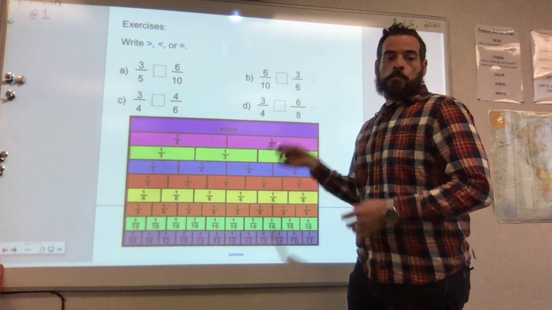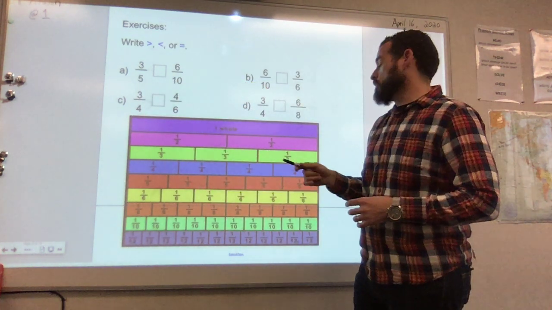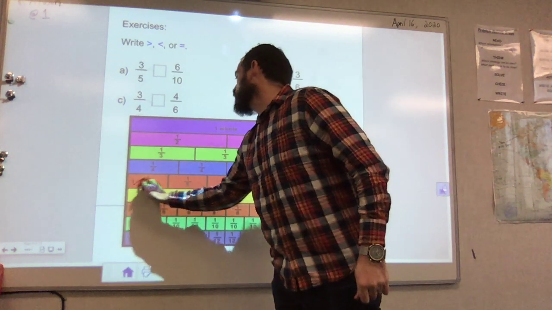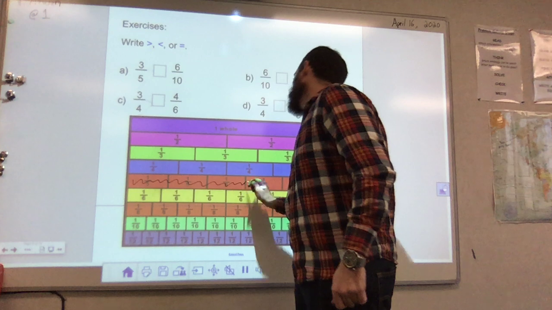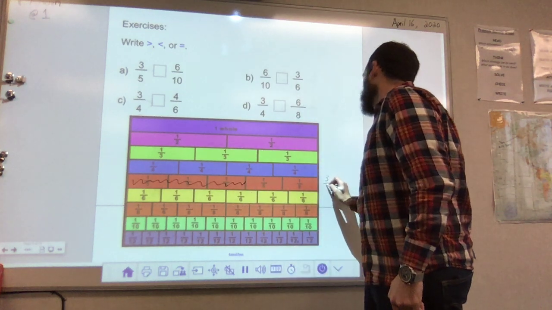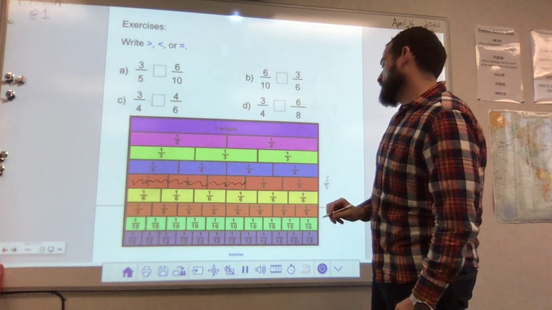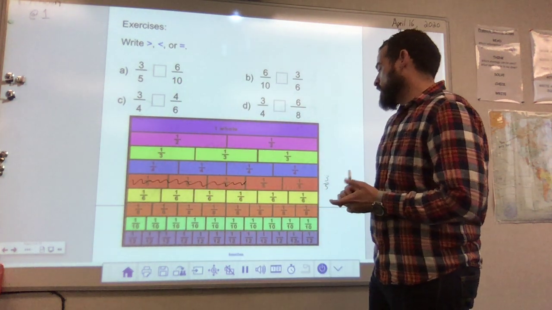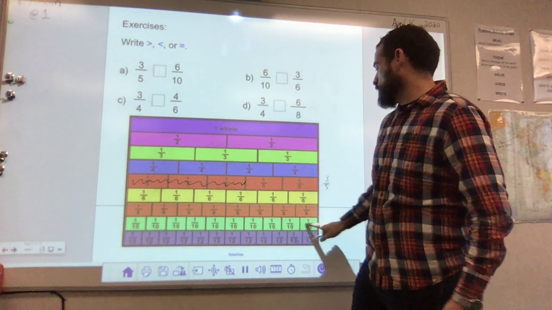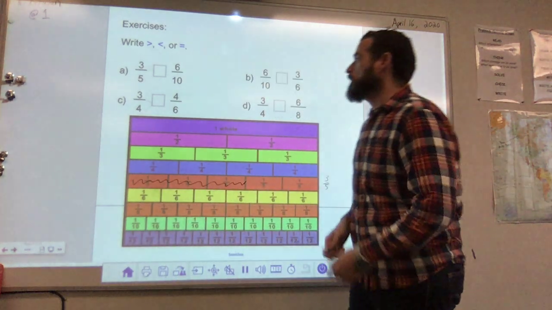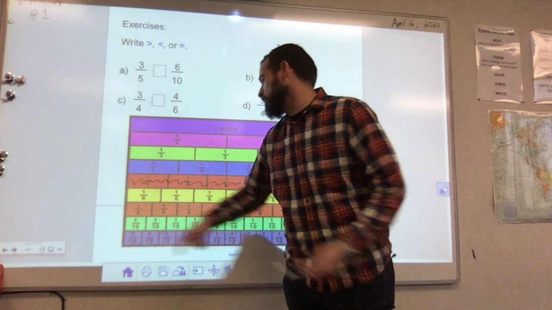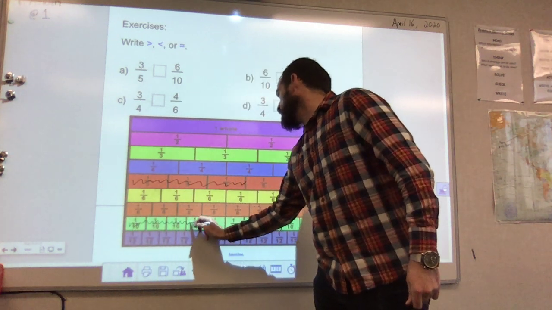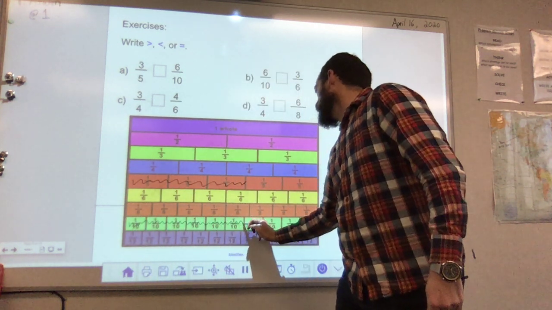I need to find my strip that's divided into 5 equal parts here. And I've got 3 of them colored in, so 3/5. Then I've got 6/10. So now I'm looking for a strip that's divided into 10 equal parts, which is down here in the green, and I need to color in 6 of them. So 1, 2, 3, 4, 5, 6.